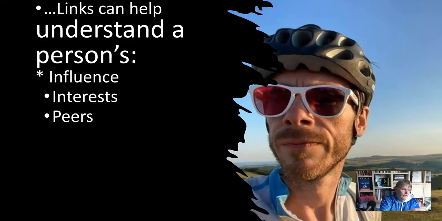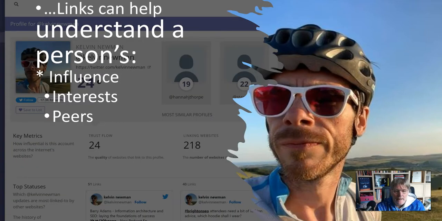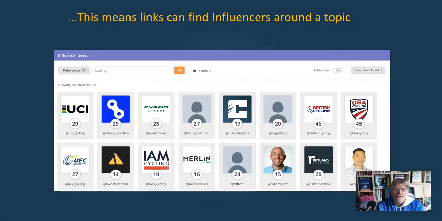But you don't just have to use this for websites. You can also use it for understanding a person's influence or their interests, or finding peers. So this is Kelvin Newman, as we all know, a person that runs the Brighton SEO conference, and so we can have a look at his link profile, if you like, on Twitter, to find out how influential he is as an individual and in what context he's influential as well. So I find that very interesting, that we can say, you know what, if he's influential in cycling, well, who else is influential on Twitter in cycling?